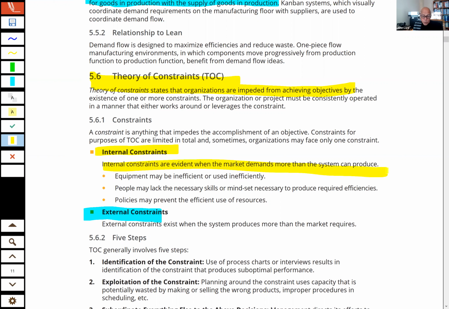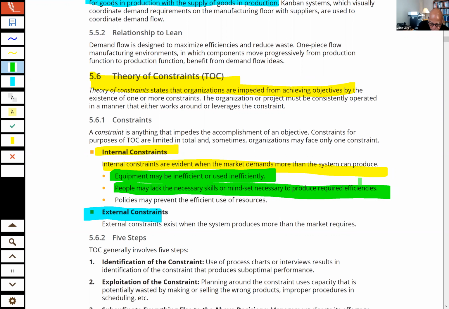Hey, we have an opportunity here, but we can't take advantage of that opportunity because of internal constraints, such as equipment may be inefficient, people may lack the necessary skills, policies may prevent efficient use of resources. Okay, so you can flashcard that as internal.